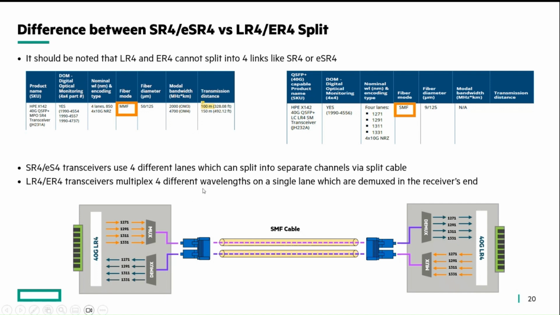If you see here on my left hand side, different wavelengths are muxed over a single SMF fiber and transmitted to the other end where it is demuxed and the data is received. And the vice versa is done from the receiver end side. So that gives you a brief answer about the difference between SR4 and LR4, and whether you will be able to split them or not, and if not, why.